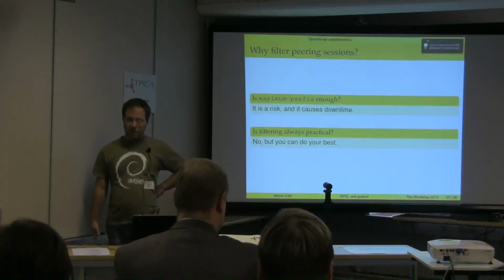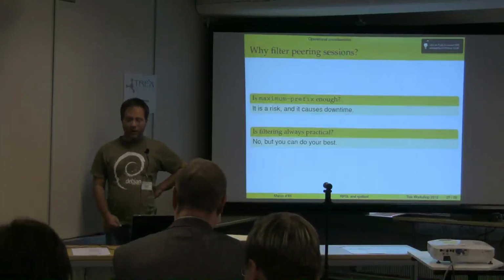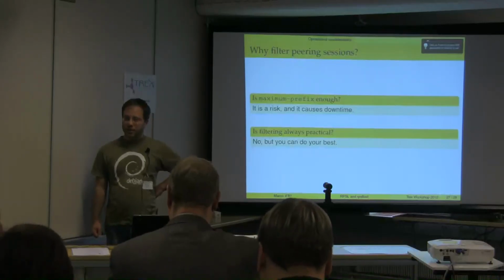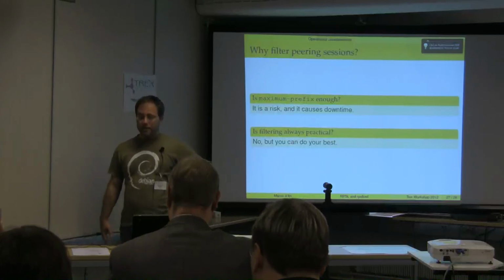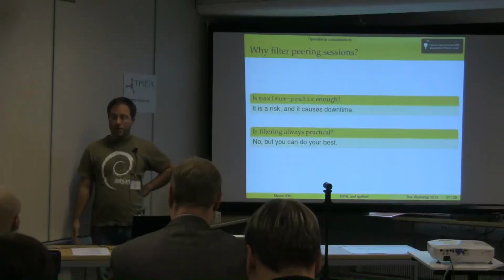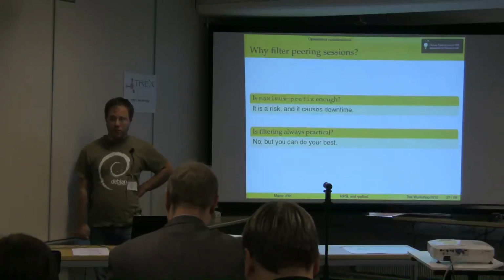And this helps, because from time to time, when somebody gets a filter wrong and they start announcing a full view, at least the session to them does not break. But this depends on how much your neighbors keep their route objects up to date. I don't know how it works here.